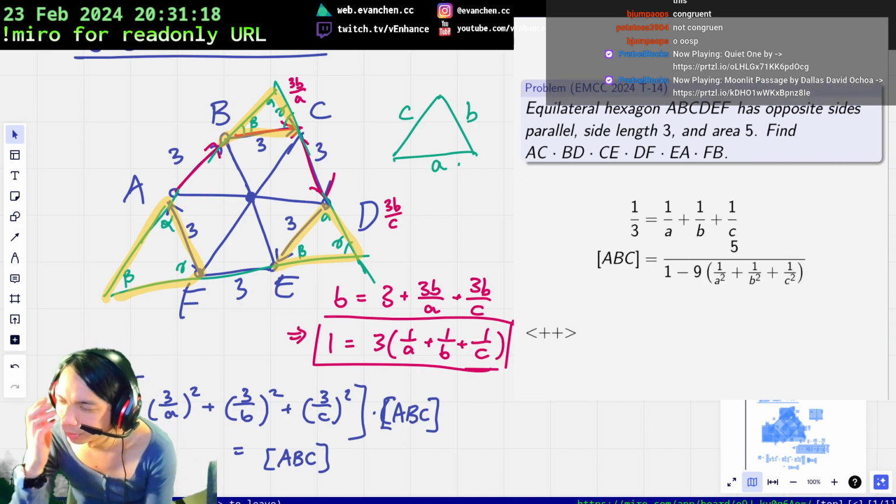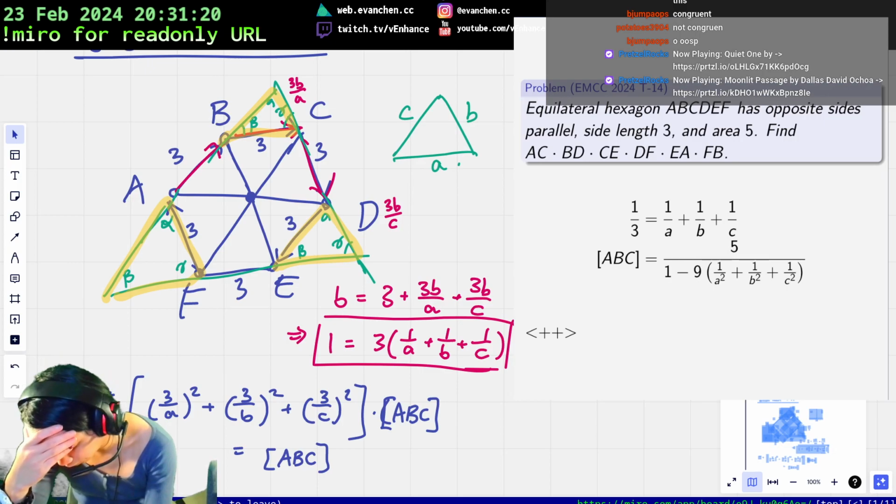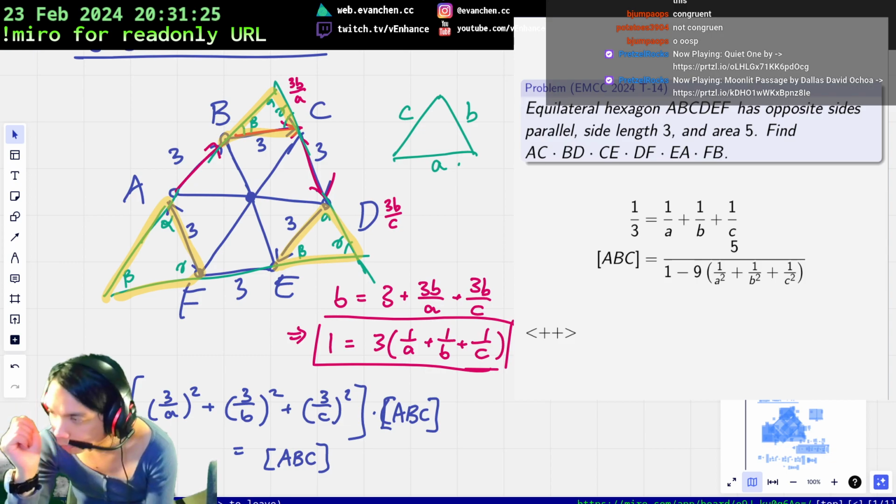Okay, so that's what the given conditions become, if I haven't messed up. Yeah, the area condition doesn't actually seem to play super well.